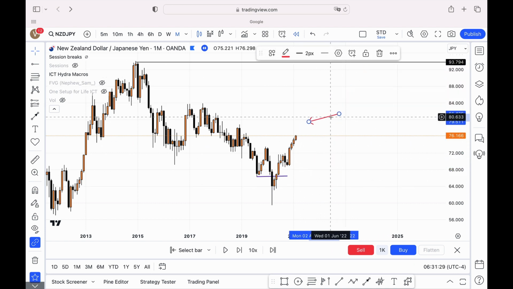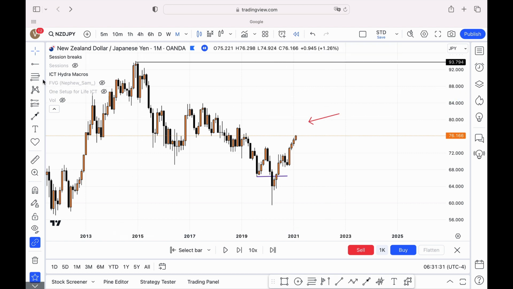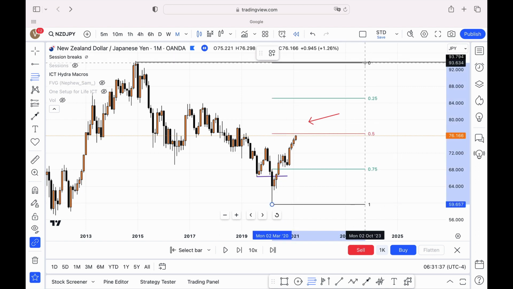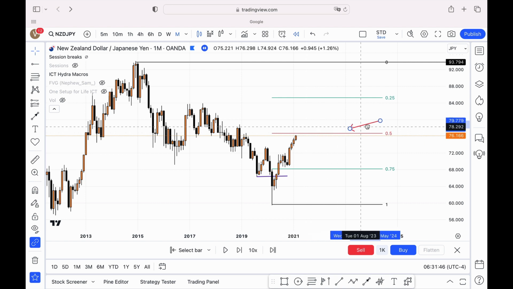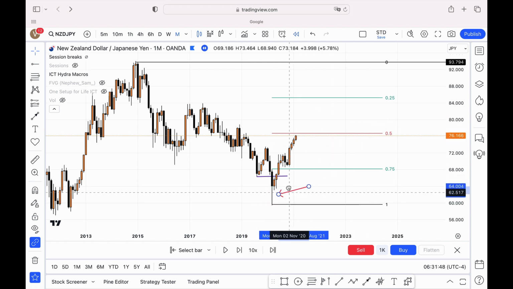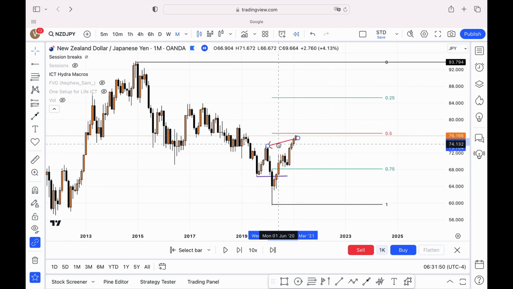It's halfway through. So if we take a fib, again, we're going to project into the future, and we take this low and this high, halfway through is this level. So you're watching this level. You missed the trade here because you didn't enter the trade. This is potentially a place you could enter the trade.